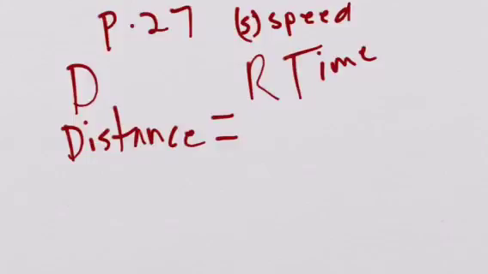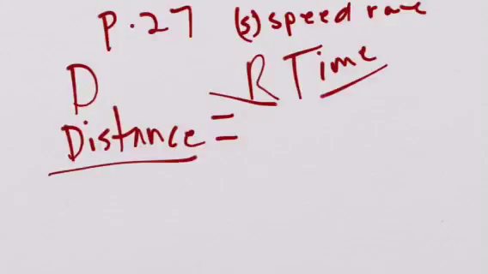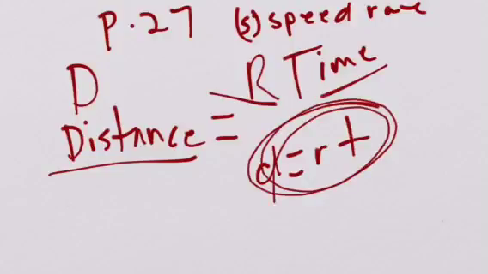So it's the rate of speed times time. That's how you do that problem, and you just have to plug in. How long did it take? How fast are they going to get the distance? This is a formula that you need to remember, that D equals RT. So I'm telling you right now, you need to memorize that.